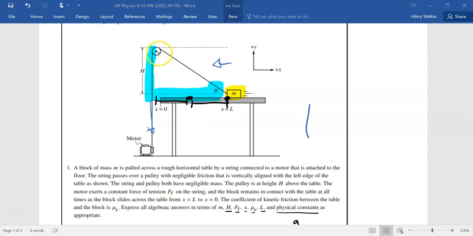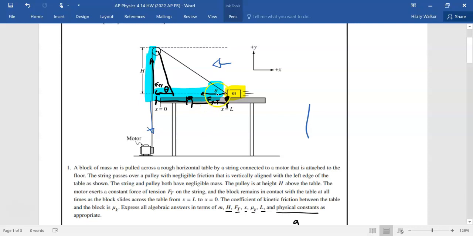When you get to the end, the picture is going to look more like this, with theta. At the very end, FTX is going to be a lot smaller and FTY is going to be bigger. While at the beginning, because this angle is smaller, FTX is going to be a lot bigger and FTY is going to be smaller, just because of the angle right there.